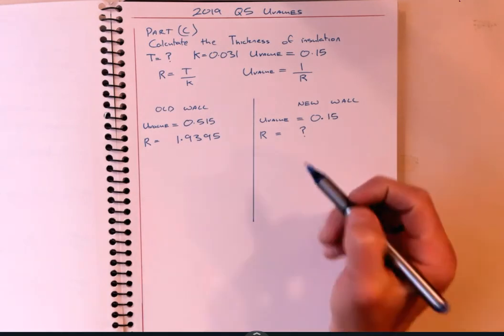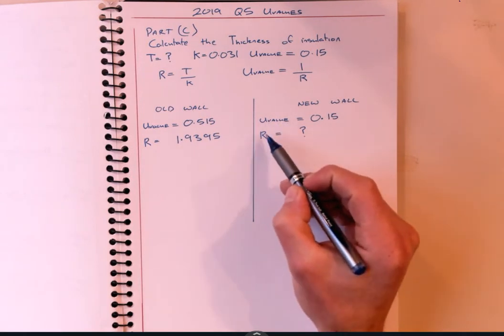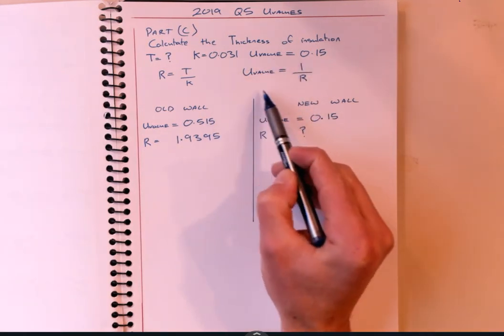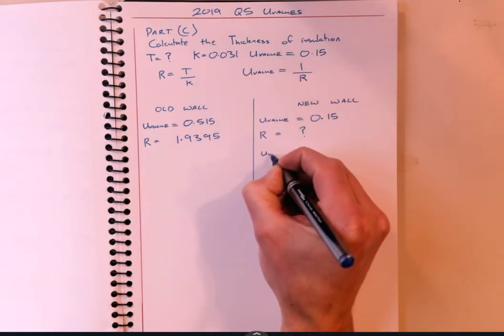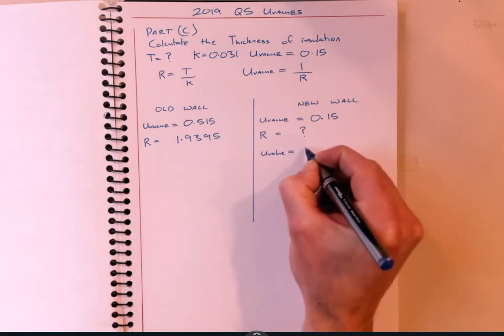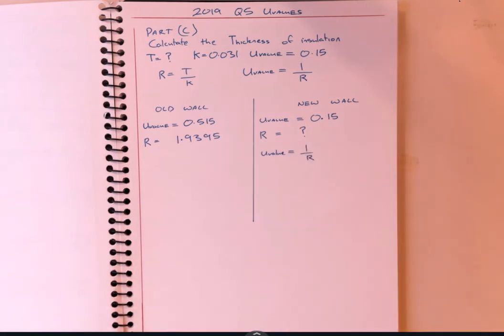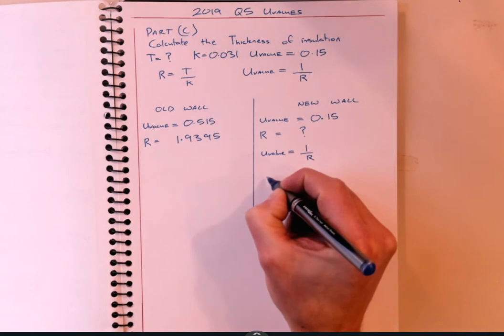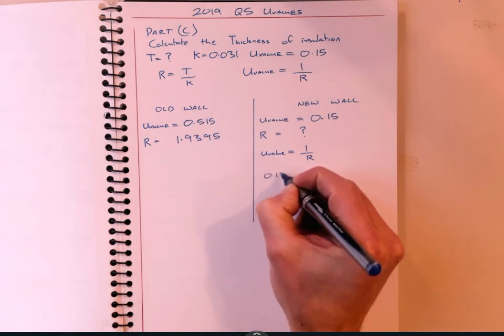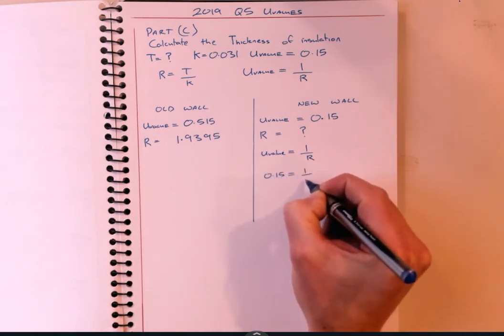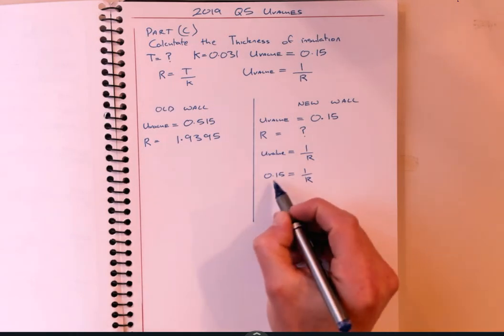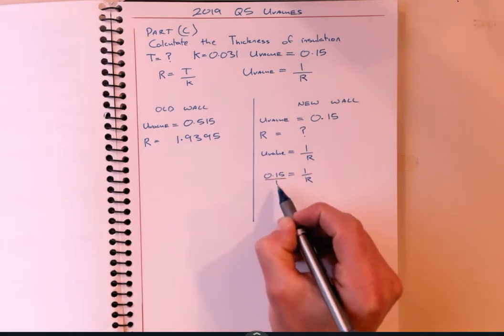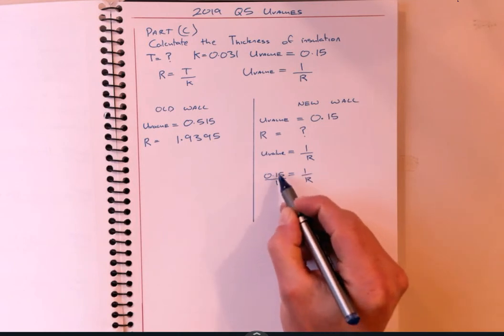And we keep going back to the formulas. So I've got U value, I've got R. If I look up here, my formula, I've got a U value and an R. So U value equals 1 over R, meaning 0.15 equals 1 over R. So we've got a bit of cross multiplication to do. So 0.15 over 1, as we always put it, and we cross multiply.